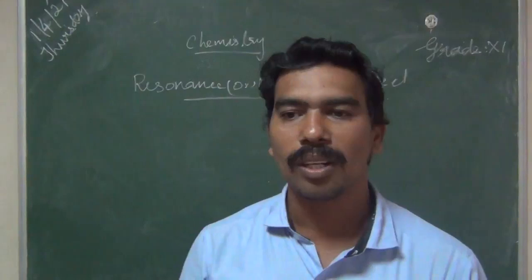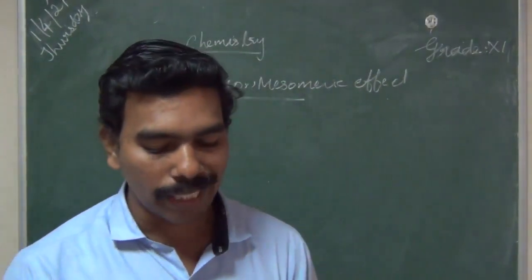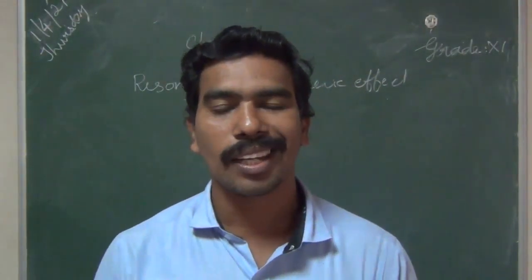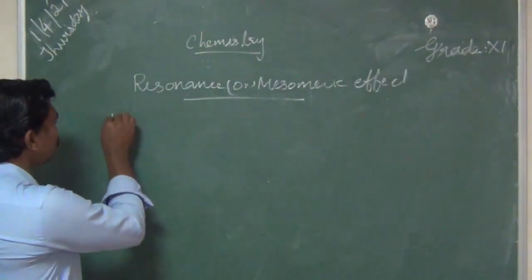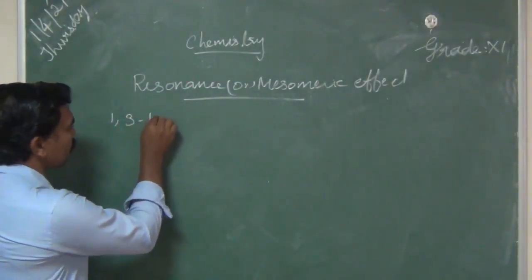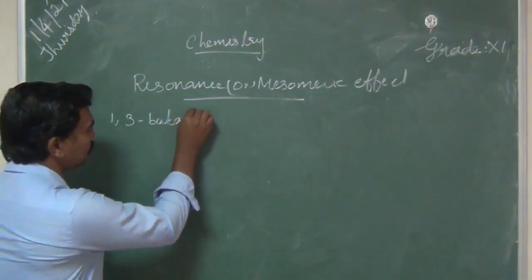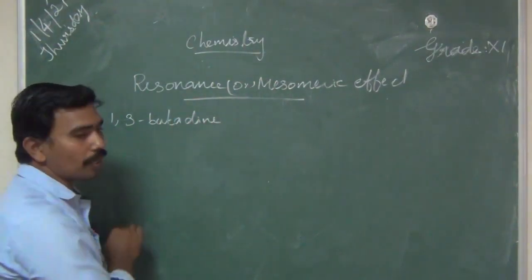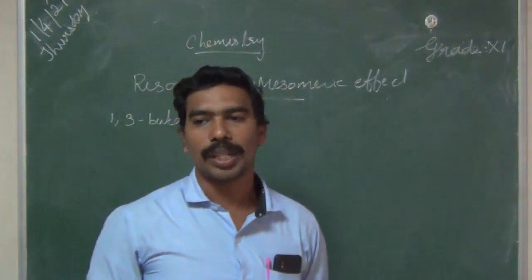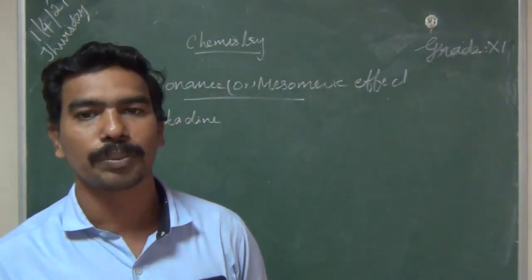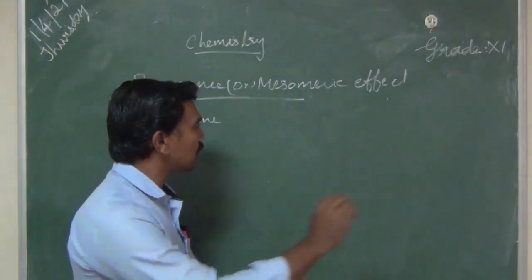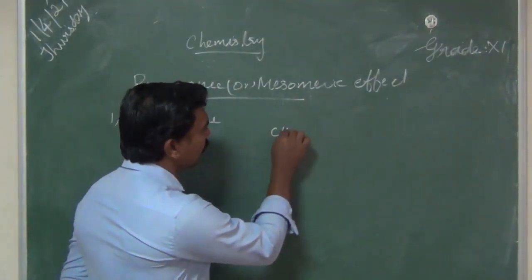I will explain one example: 1,3 butadiene. Before that, I will tell you about butane. Butane means a 4 carbon group.